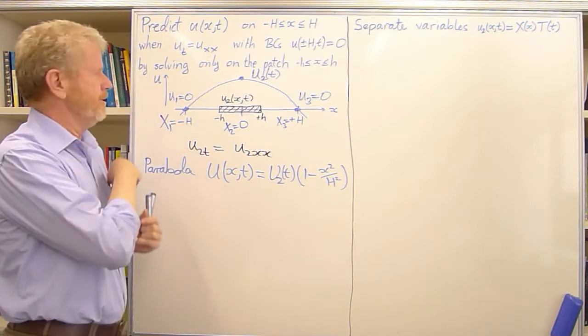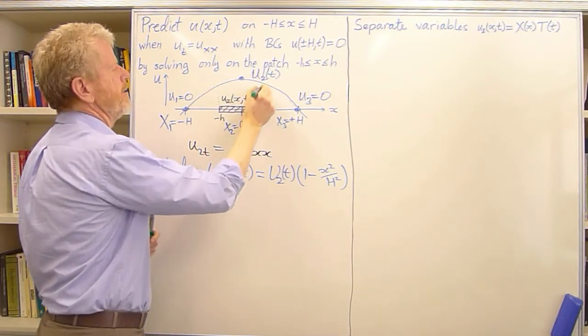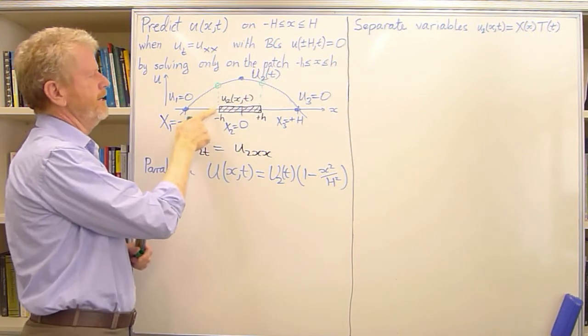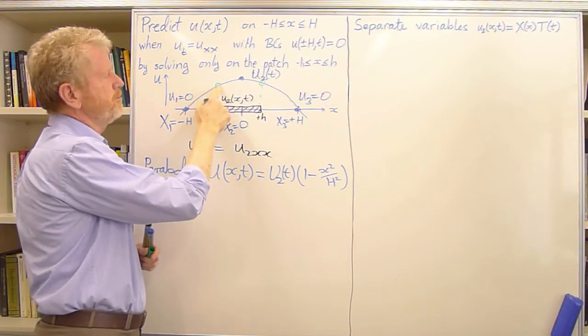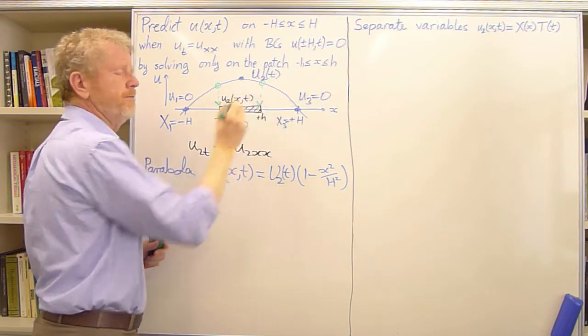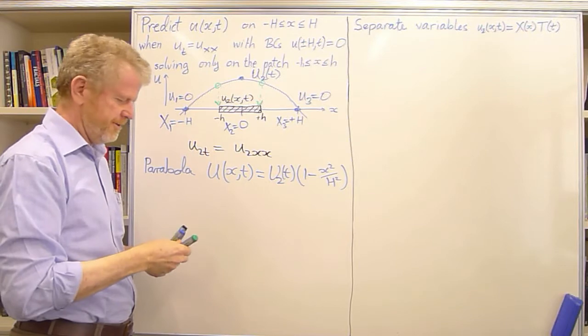Now what does that parabola do? What it does is it makes a prediction at each end. At plus and minus little h, it says the large-scale field should be this value and this value. So what we do is we apply that value at the edges of the patch.